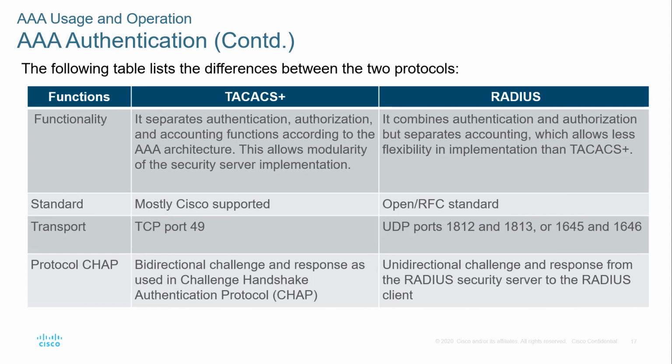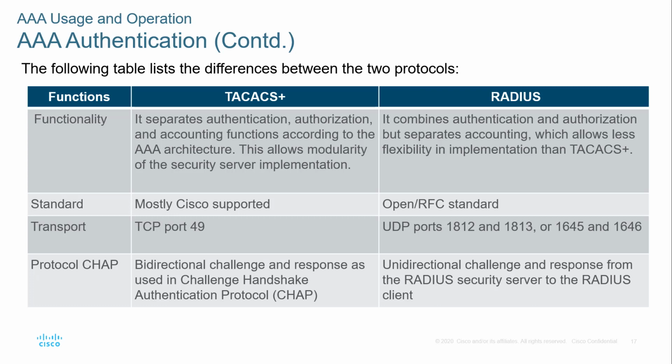So the following is a list comparing TACACS to RADIUS. Functionality: TACACS separates authentication, authorization, and accounting. Basically, it provides a little bit more modularity. RADIUS combines authentication and authorization, but it keeps accounting separate.